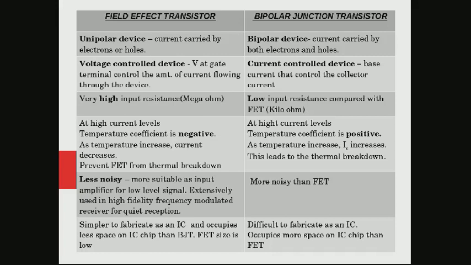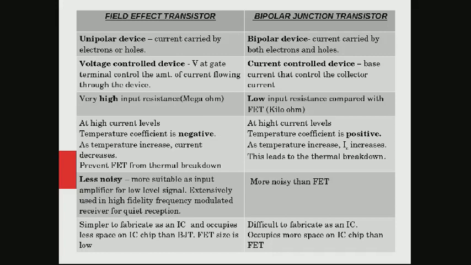So in the case of FET, we already said there are only majority charge carriers that flow. The current flow in FET may be either due to the flow of electrons or due to the flow of holes, and hence FET is known as a unipolar transistor. It's a unipolar device. Whereas in BJT, the current flow is due to both majority and minority charge carriers.